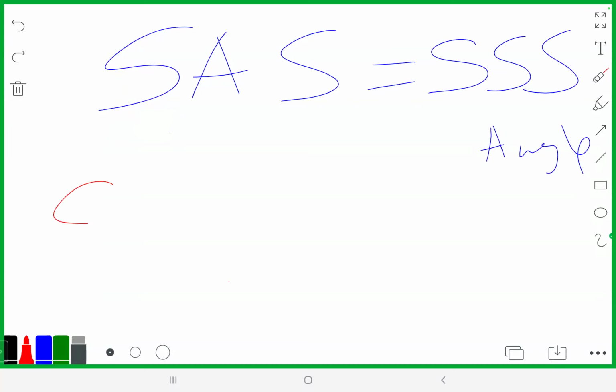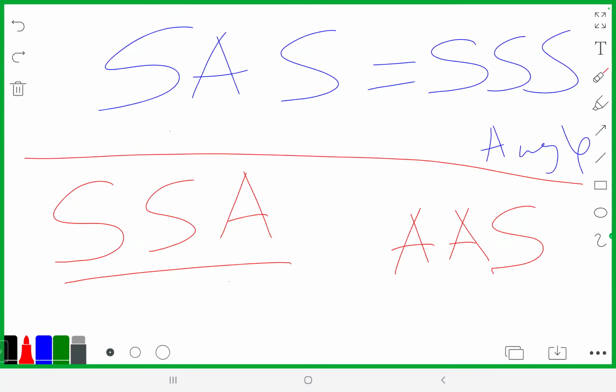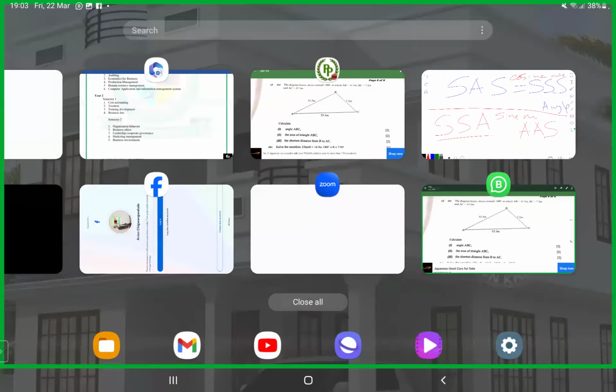Sine rule, when you're given a side, another side, and one angle, or you are given an angle, another angle, then a side, and you're asked to find another side. This in red is sine rule. Upward is cosine rule. You okay? Yes. All right.